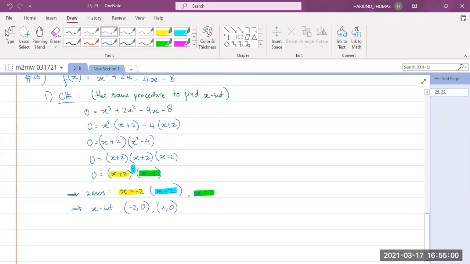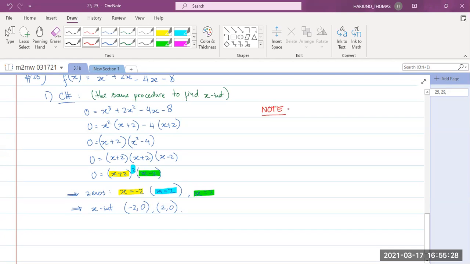Now, I have emphasized many times that any intercept is a coordinate. Intercept should be written as a coordinate. But hold on, Thomas. The zeros you have here basically imply an x-intercept. Yes, in this case, but not all zeros translate into x-intercepts.